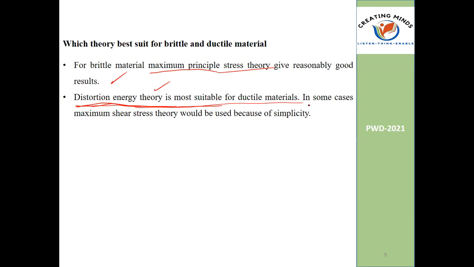And also in some cases, if distortion energy is not given, then maximum shear stress theory is the one to tick, because we would use it because of its simplicity. So any doubts? Next MCQ question.